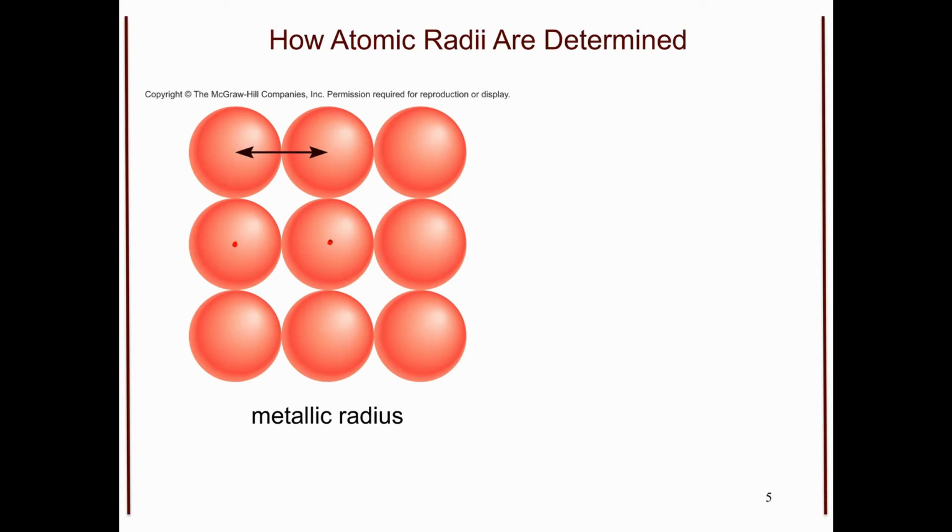So then what I can do is measure the distance between those 2 points on our atoms. And because they are the same metallic atom, we would be able to get the diameter, which we then figure out is just the radius of 2 atoms side by side. So it was very easy to determine the radius of our metallic atoms.